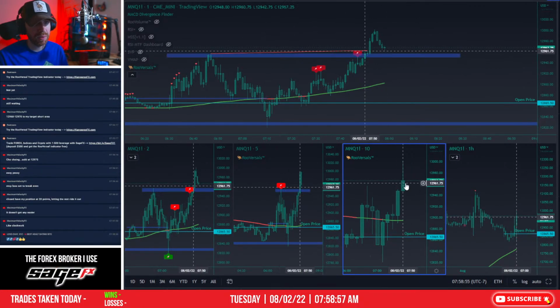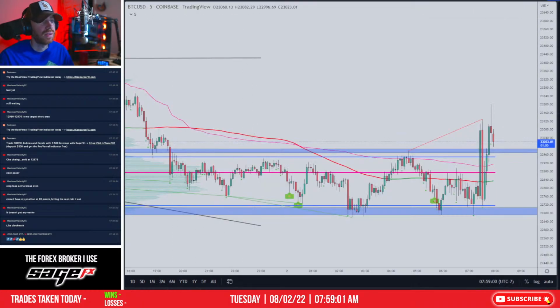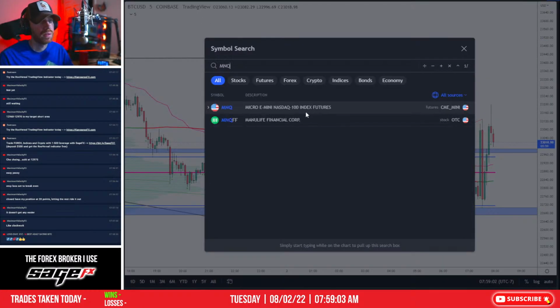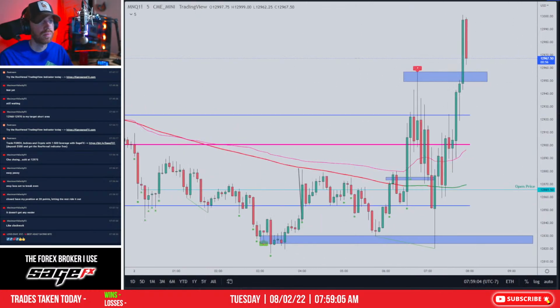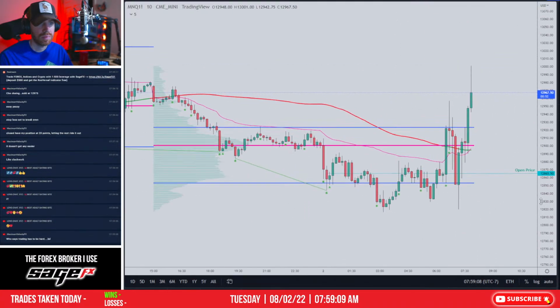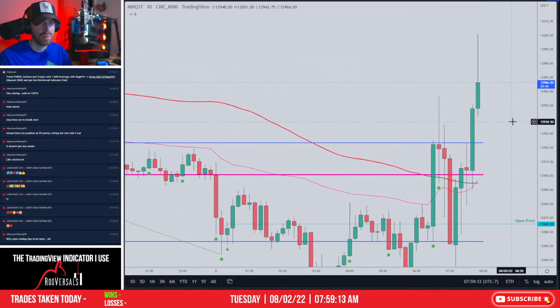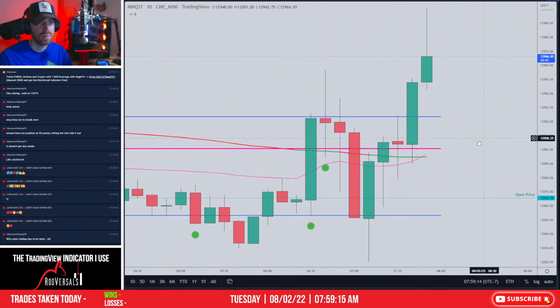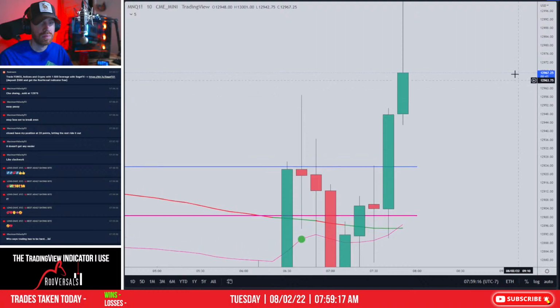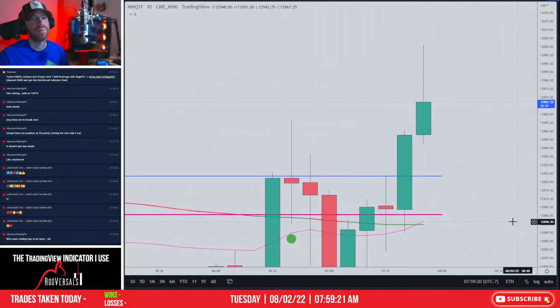I want to see this candle close at least right here. At least right here for the valid KT. Where shall this candle close?